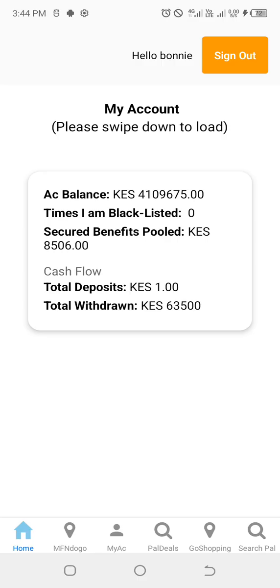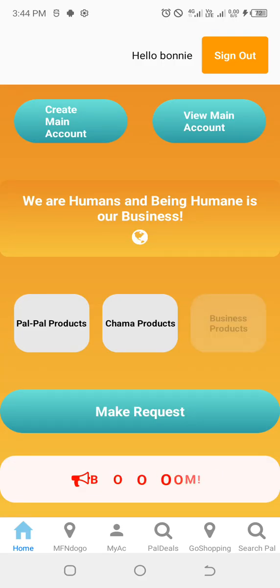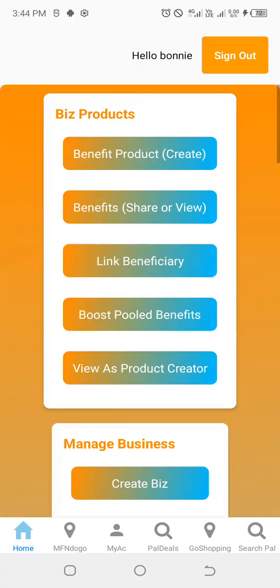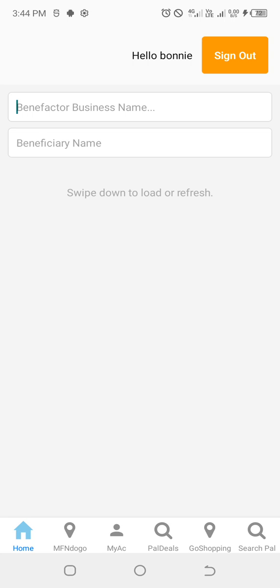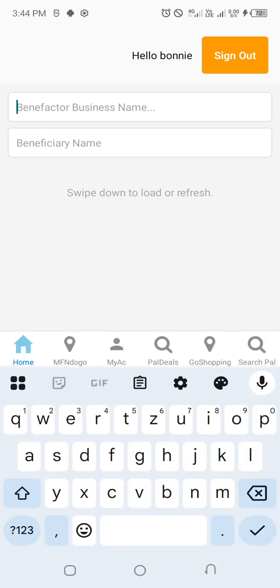So let's see how we share these pooled benefits. So we click on benefits, share benefits. So we say share, and let's share. So I'm Bonnie. I have the pooled benefit, but you remember. So let's first of all do this and see how it goes.